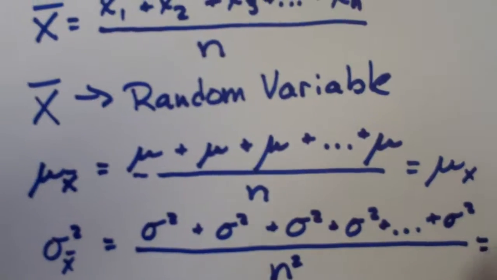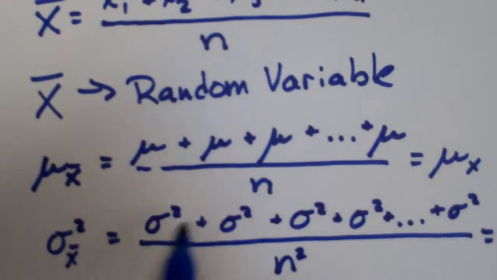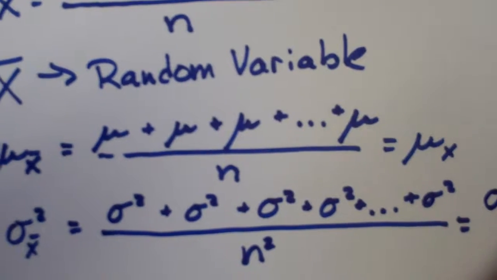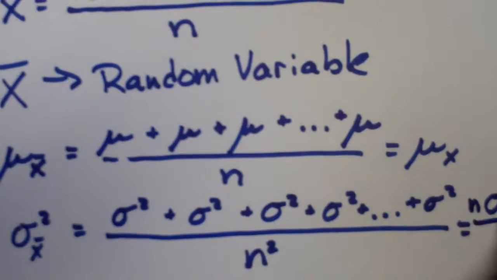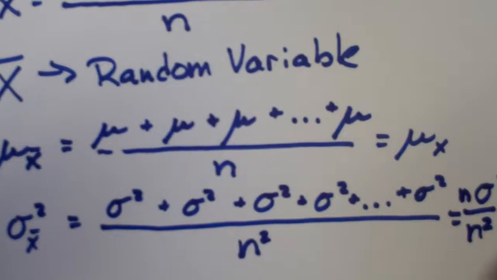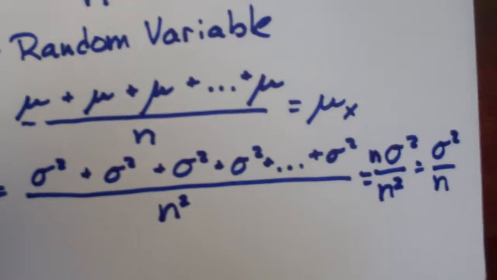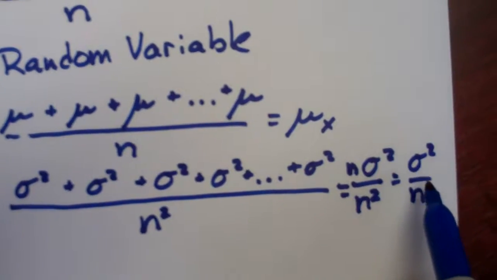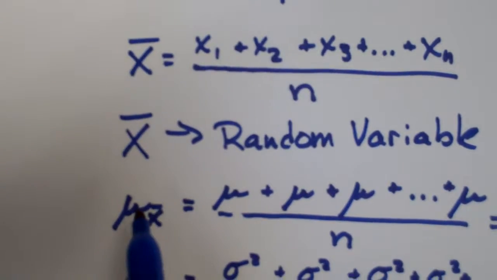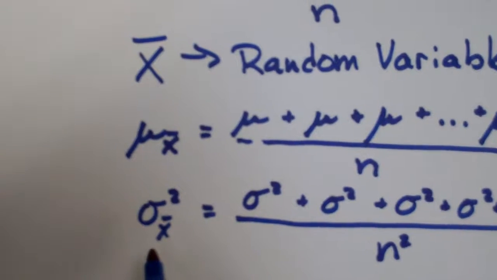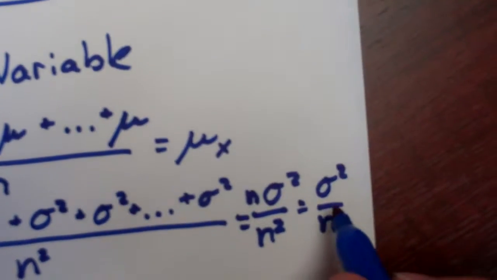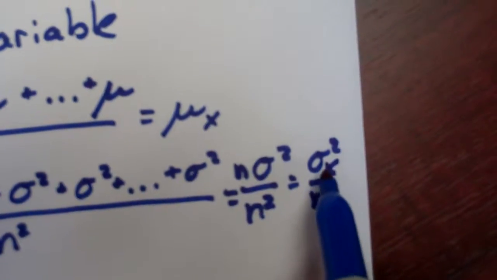And so I have n sigma squareds in the numerator, but I have n squared in the denominator. So my result is those n sigma squareds divided by n squared. The variance of x bar is sigma squared over n. Mu of x and mu of x bar are the same. For sigma, sigma squared of x bar is equal to sigma squared of x, of my individual random variable, divided by n.